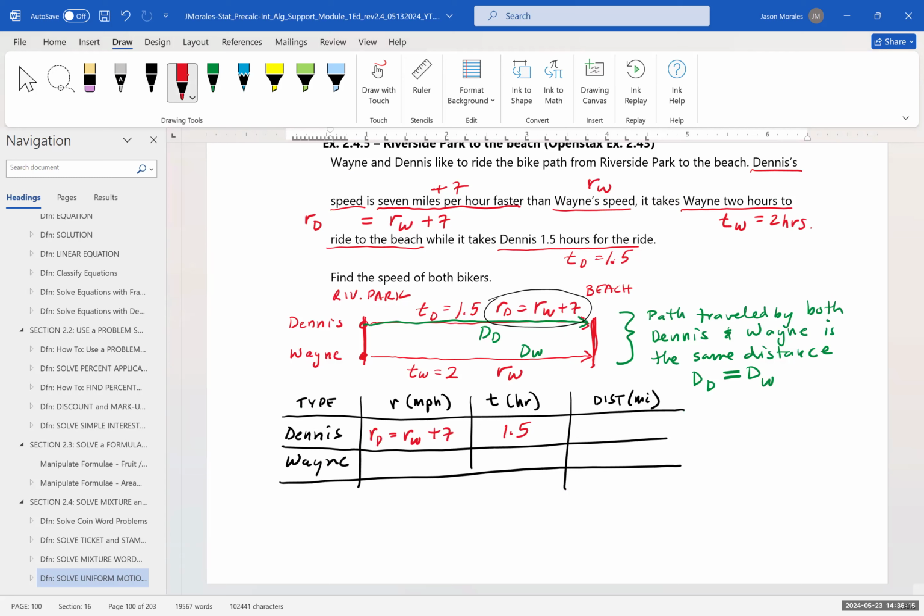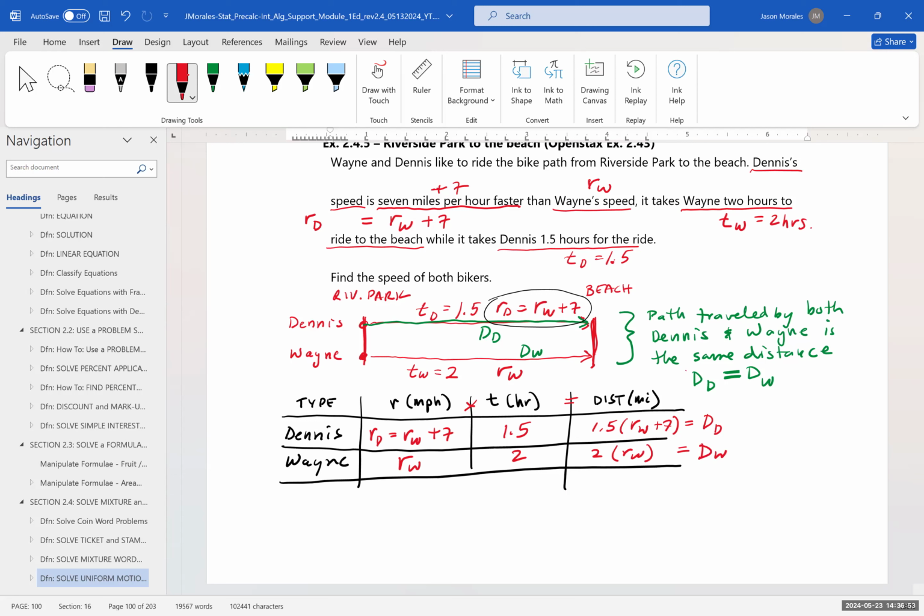And so the distance is going to be rate times time, and that's equal to distance. So that's going to be 1.5 times the rate of Wayne plus 7, and that's equal to Dennis's distance. Okay, so Wayne's rate, we don't know what that is. It's just R sub W. The amount of time it takes Wayne is 2 hours. And so the distance will be 2 times the rate of Wayne. So that'll be the distance that Wayne travels.